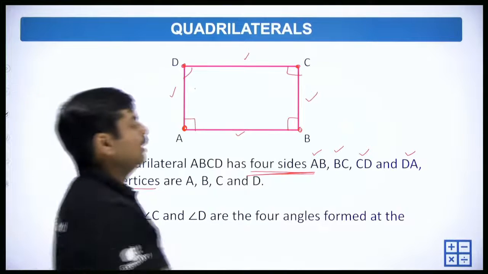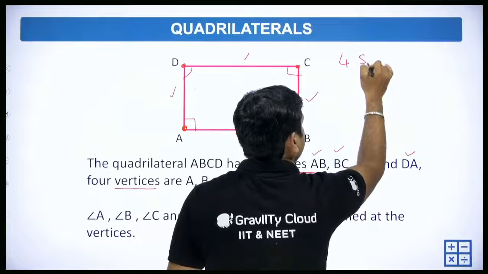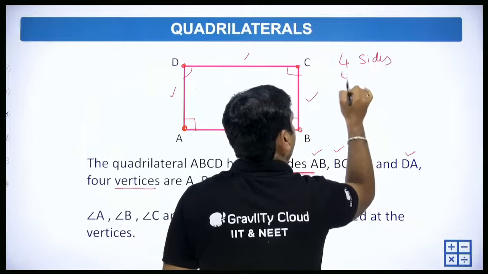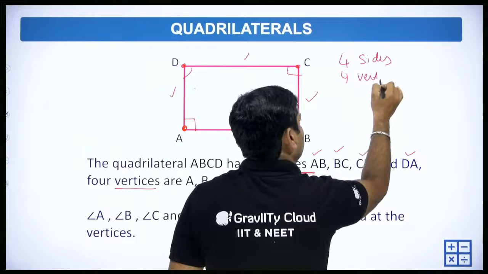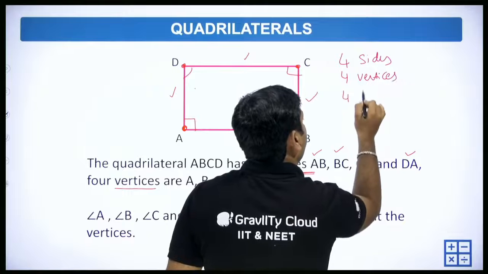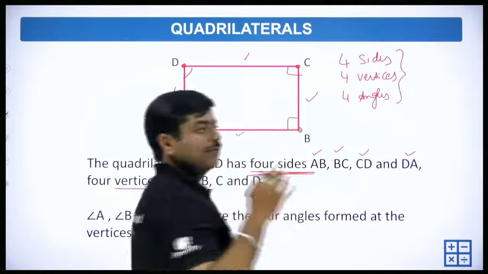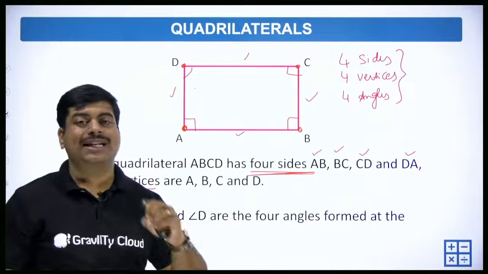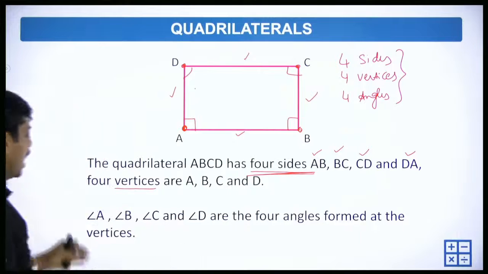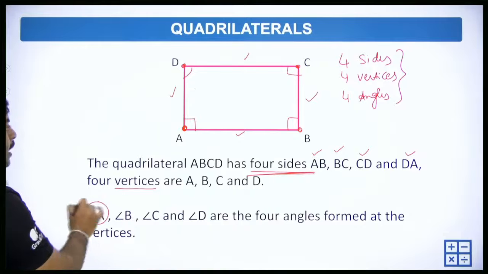So for a quadrilateral, we have four sides, four vertices, as well as four angles. All these will be in count of four for a quadrilateral. This is how we represent an angle.